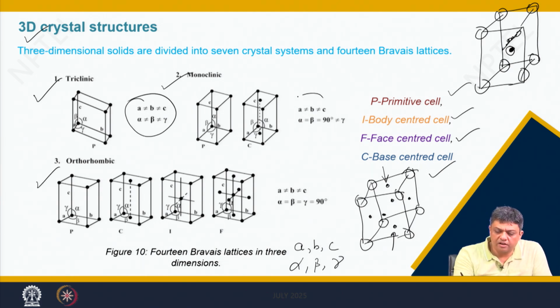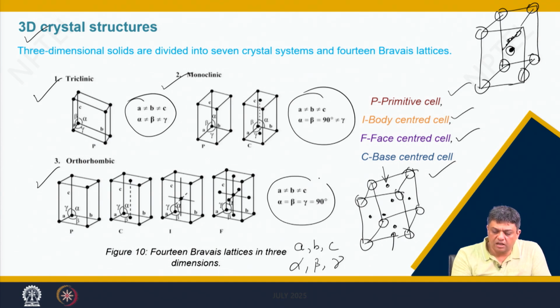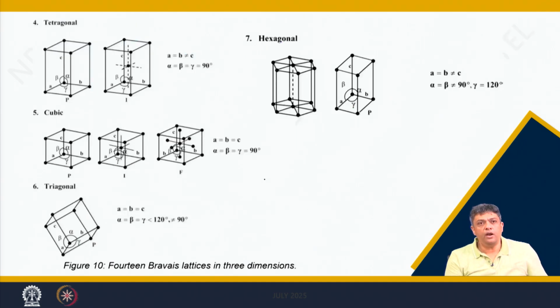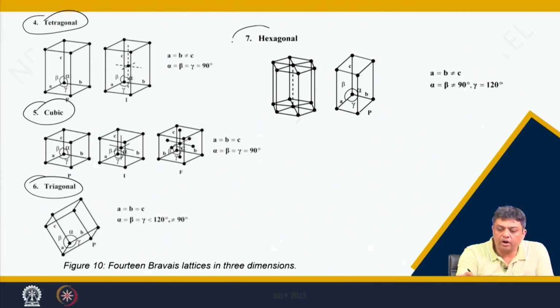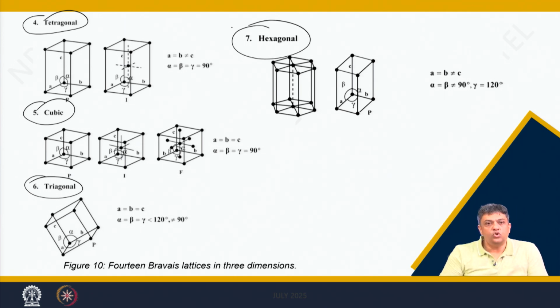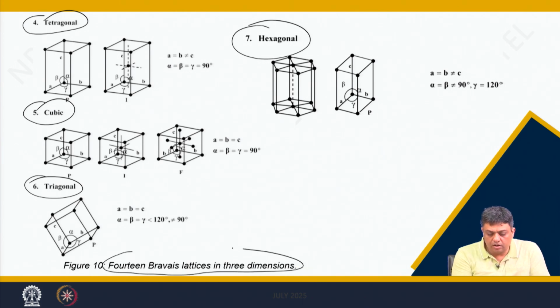Just see the variations in alpha, beta, gamma along with A, B, C. Or you can have tetragonal, cubic, trigonal or hexagonal. If you take all these combinations together, you will get 14 Bravais lattices in 3 dimensions.